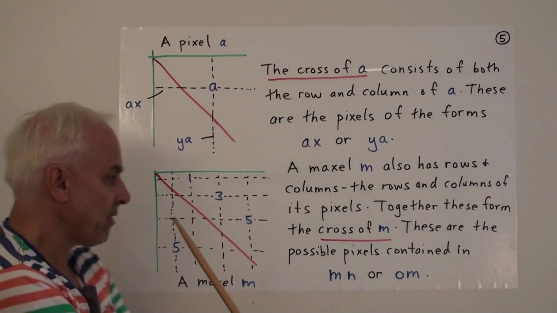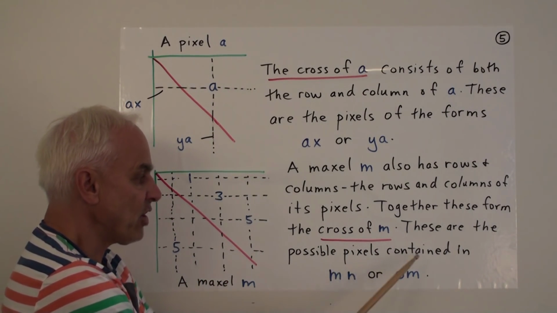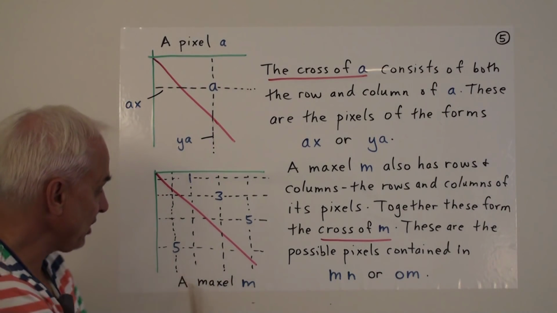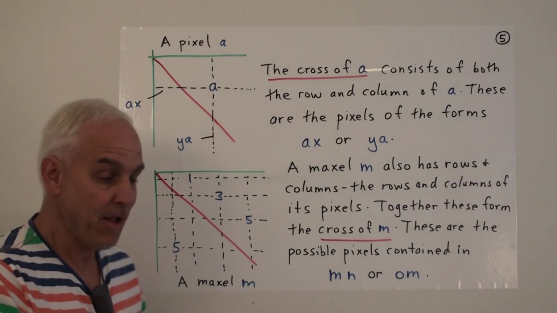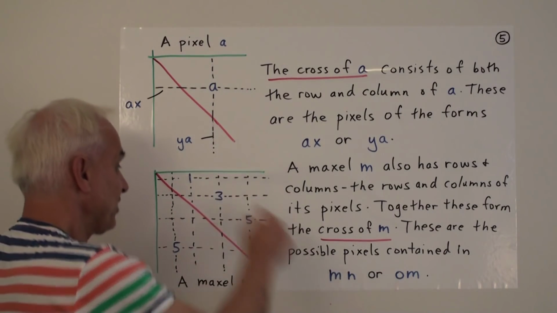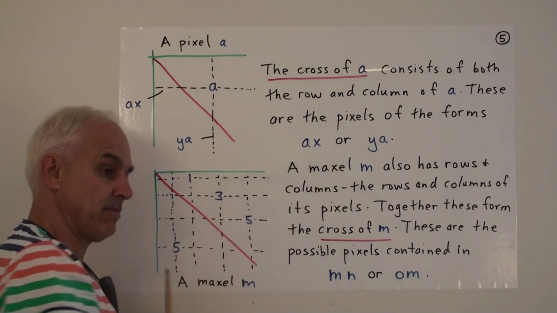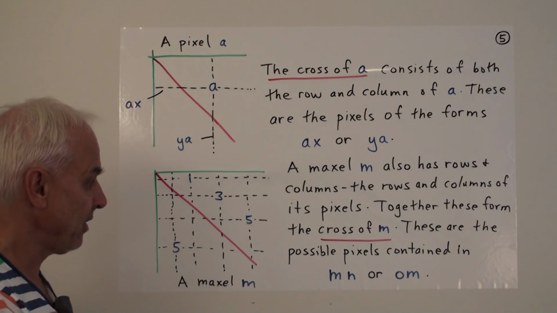Now a moment's thought shows that these are going to be the possible pixels contained in Mn or Om. If we multiply M by any other pixel, then we just have to multiply that other pixel by each of the pixels in the maxil M, one at a time, and count the multiplicities of all the pixels that are generated.